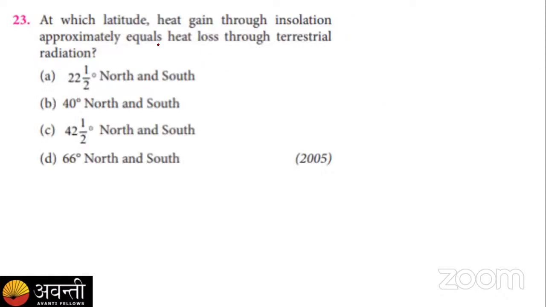Okay, so the next question for the day. It says, at which latitude is heat gain through insolation approximately equal to the heat loss through terrestrial radiation? So here we are saying the heat gain is equal to the heat loss.